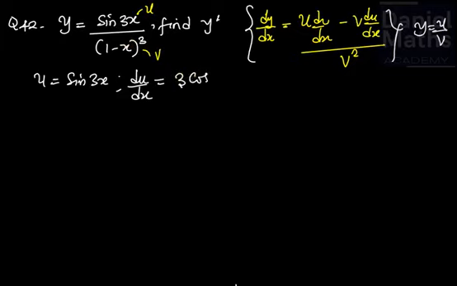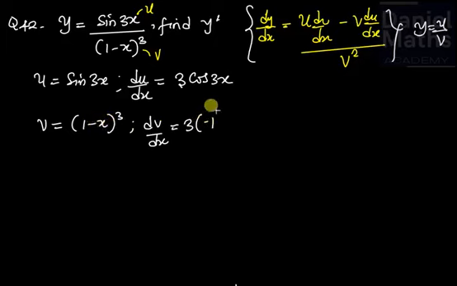My v is equal to 1 minus x raised to power 3, and therefore dv over dx is equal to 3 times minus 1, because if you differentiate minus x, you get minus 1, times 1 minus x raised to power 3 minus 1, which is 2.